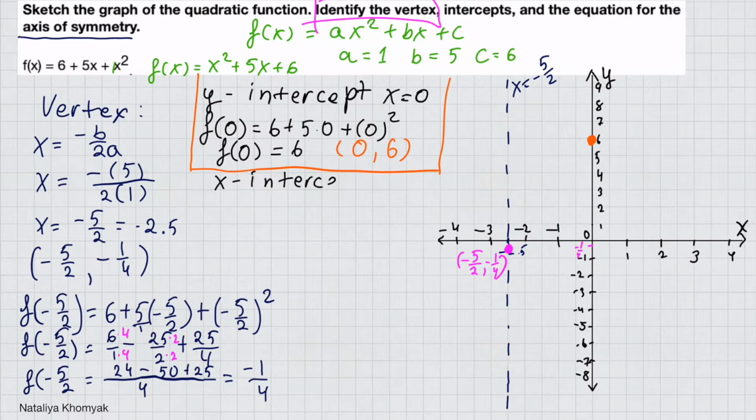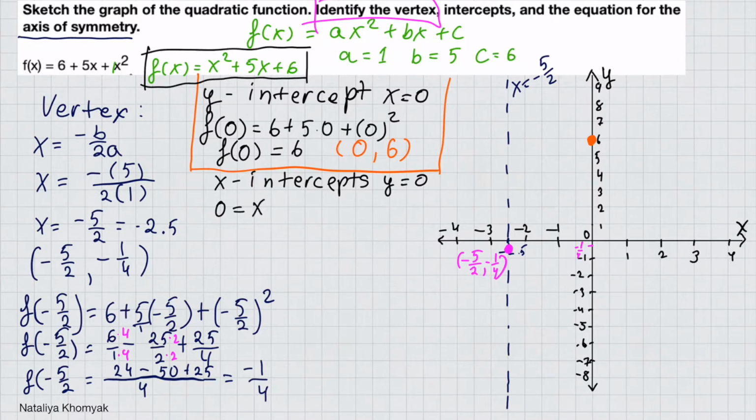X-intercepts happen when y is equal to 0. So instead of f of x, we have 0 equals, and I'm going to use this function x squared plus 5x plus 6 because it's easier to factor.